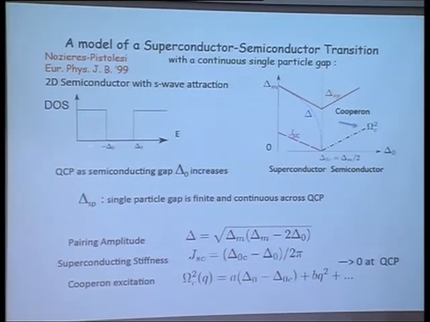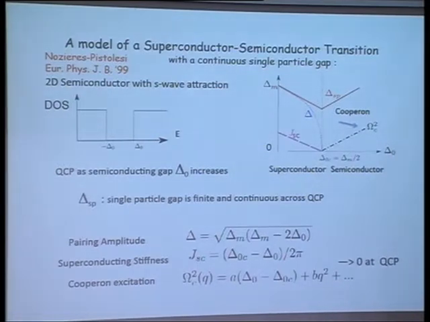Now consider what happens when you open up the semiconductor gap. Well, initially, when the semiconductor gap is small, the system still stays superconducting, but it reduces the pairing amplitude. This delta here is reduced. The stiffness is reduced, and the single particle gap is also reduced.